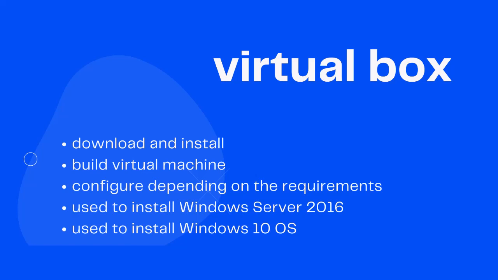So it's like a tool where you can create and run multiple virtual computers. In this course, you'll download and install VirtualBox, configure it depending on the requirements, and use it to install the Windows Server 2016 and Windows 10 operating systems. It will be used throughout the course.